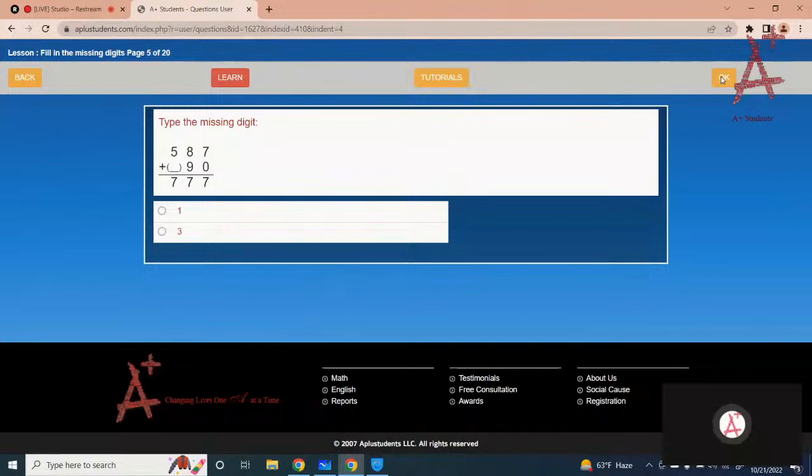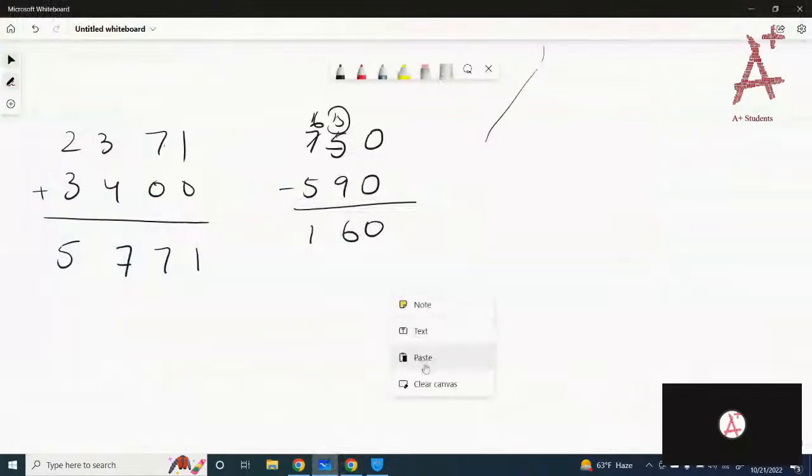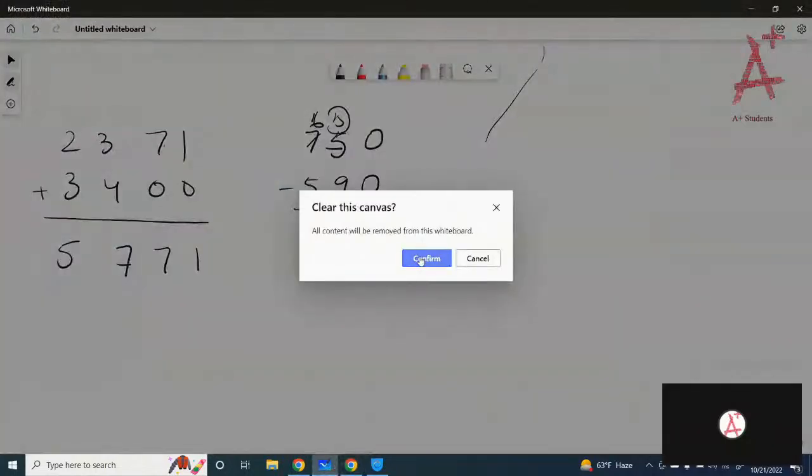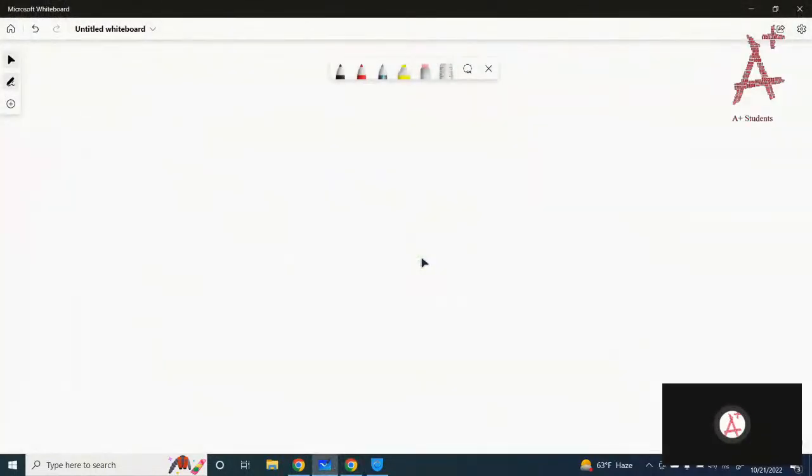Okay, the next one is 587 plus, let me write it down on board. Okay, 587 plus 90 and the missing number.